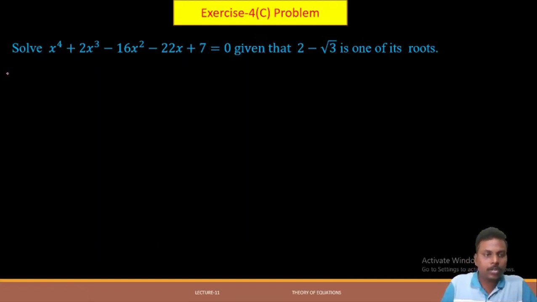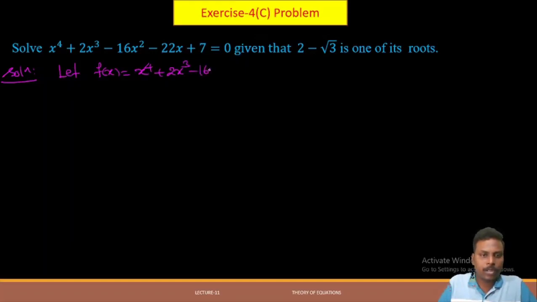Here is the solution. Let f of x is equal to x to the power 4 plus 2x cube minus 16x square minus 22x plus 7.